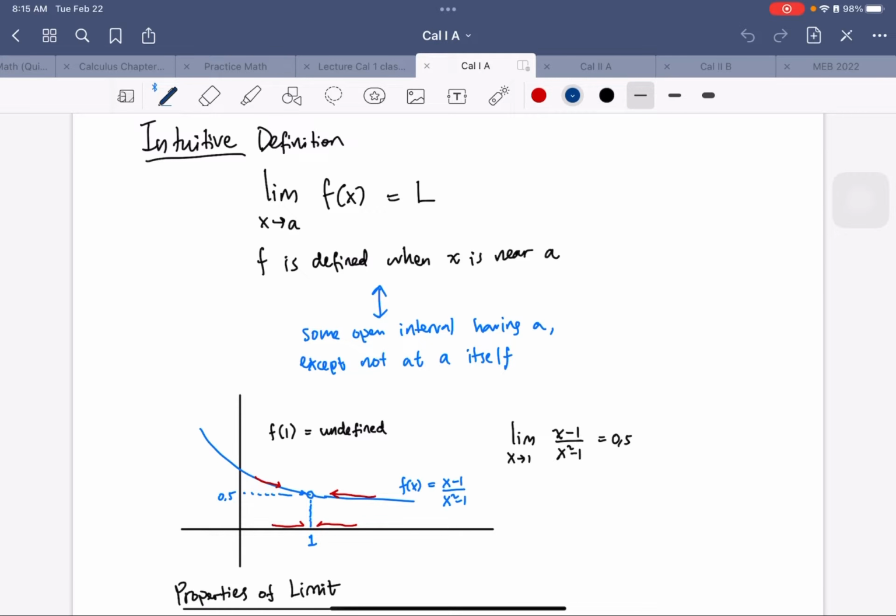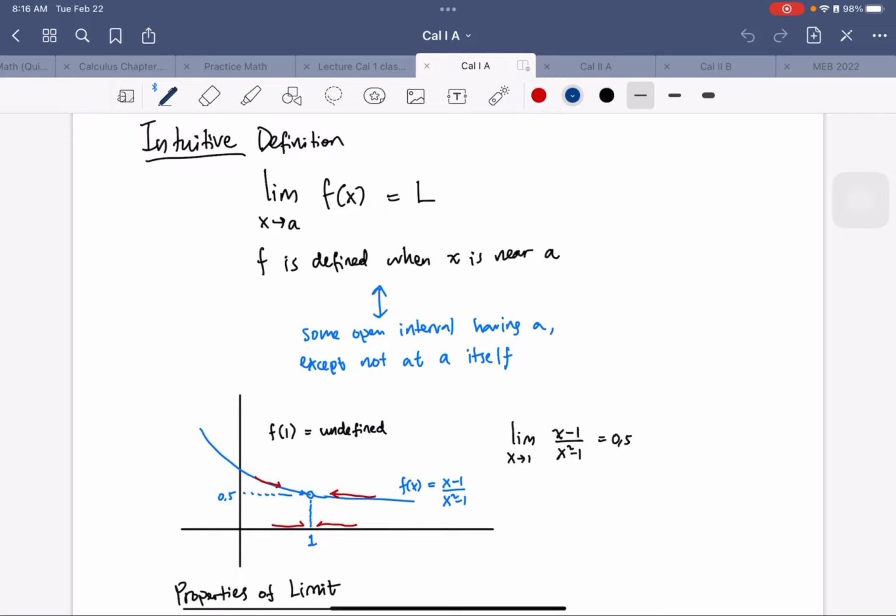Okay, that's how we usually read the limit. So the function will be defined when x is near a, and this means some open interval containing a, except not at a itself. So it doesn't need to be defined at the exact point a.